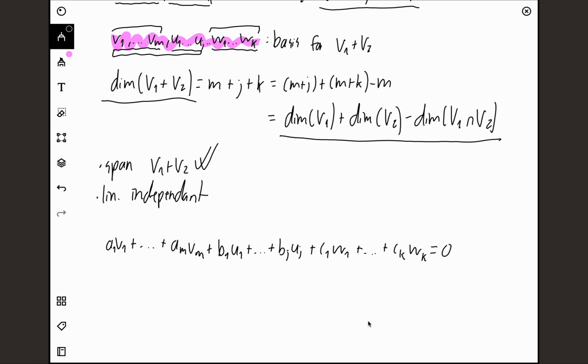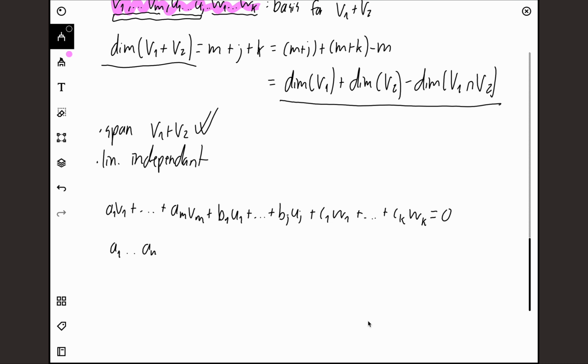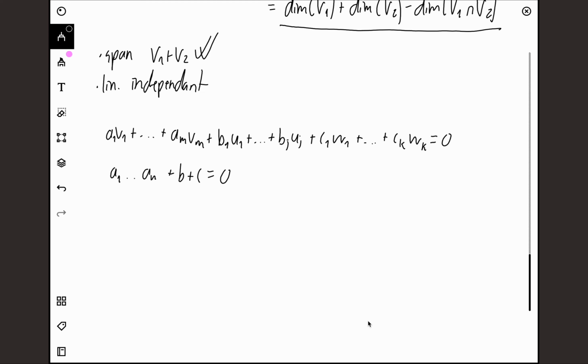to show that all a1 to am and all the b's and all the c's equal 0. If we show that, then that means the vectors are linearly independent. And now there's a smart way we can do this using some dimension analysis, like some vector space intersections. So basically we can put all these v and u vectors to the other side.